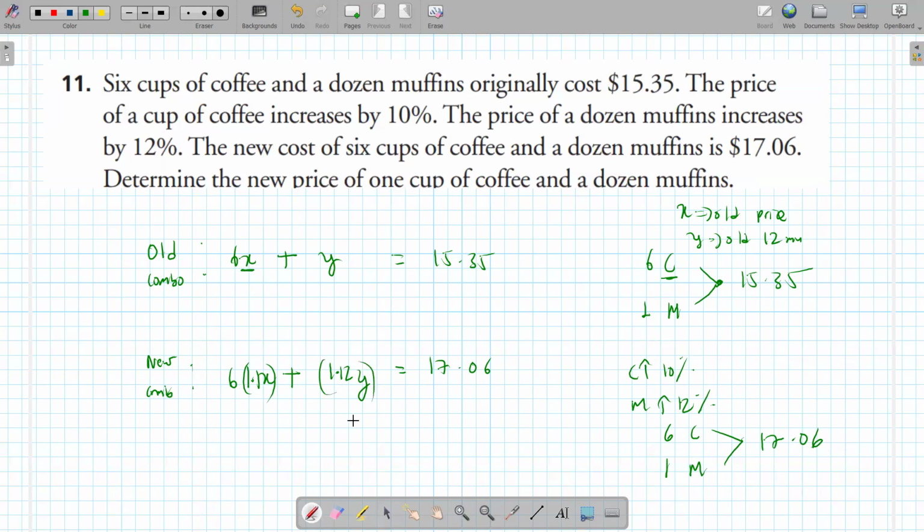So we have these two equations. How do we solve this equation? Do we graph it? Probably not. You could, I guess. What would be the best way to solve this?